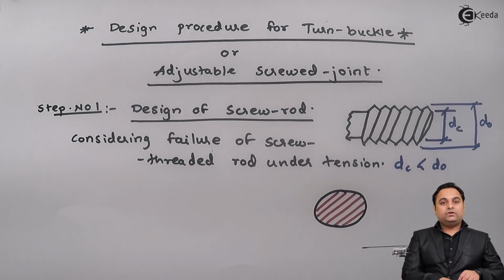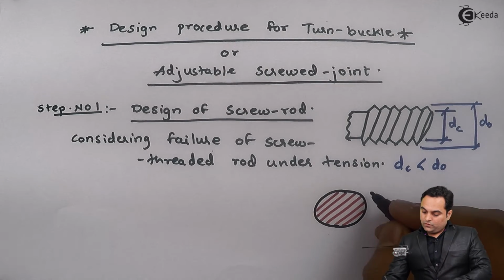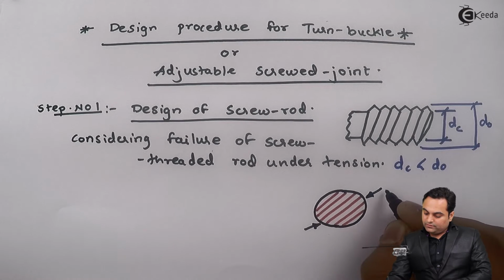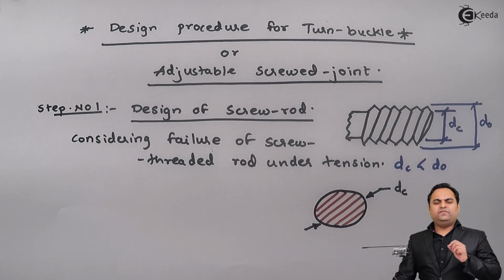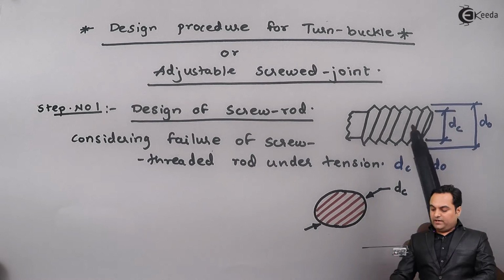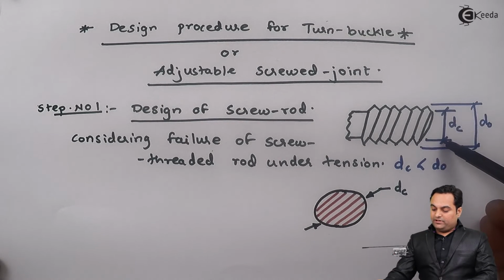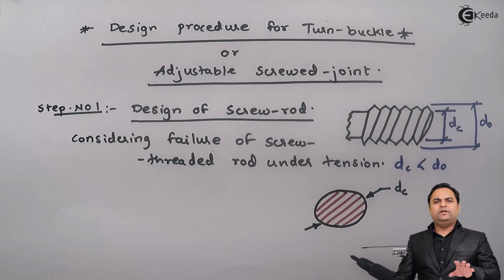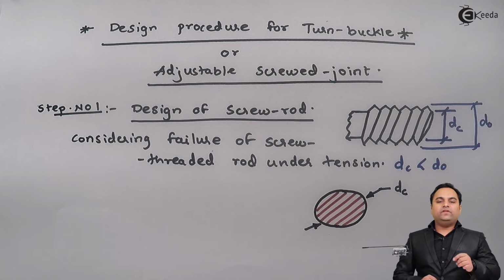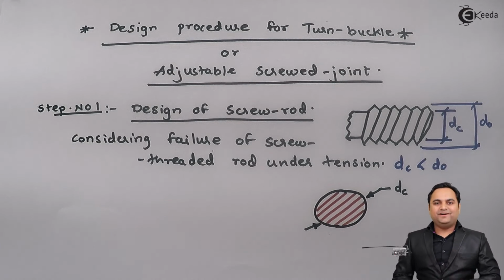Now this is the area which fails, and here I am marking DC, that is the core diameter. See why I am taking core diameter: because the screw thread will fail along this core diameter, because this is the minimum diameter, and hence it will give us minimum area, and failure always starts from minimum area.